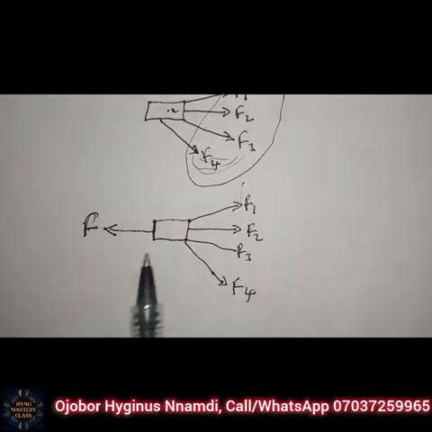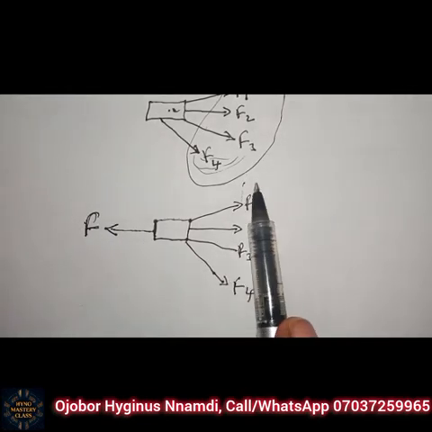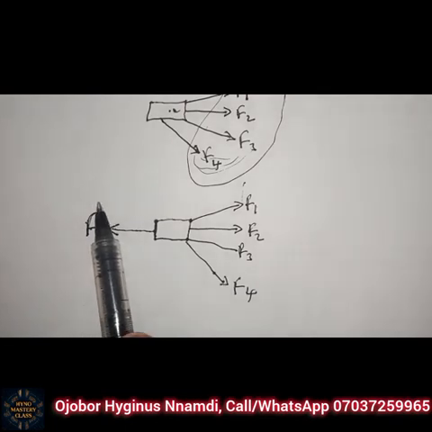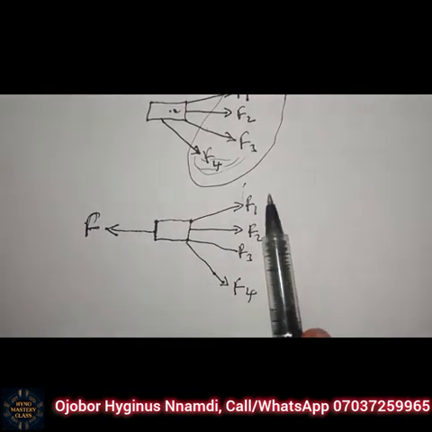So as this force is applied to the left and these four forces to the right, the object will be in equilibrium and will not move. That means that this single force is an equilibrant force to these four forces put together.